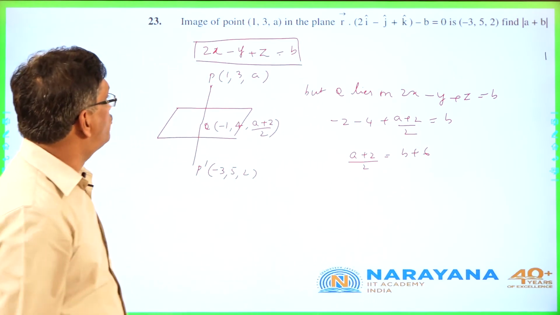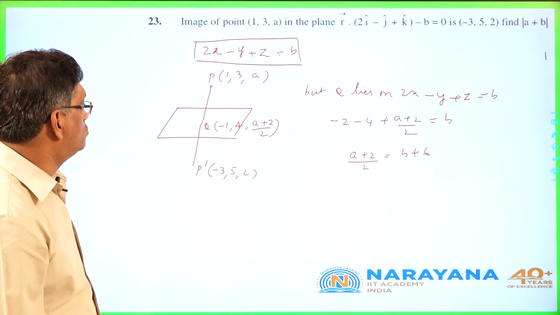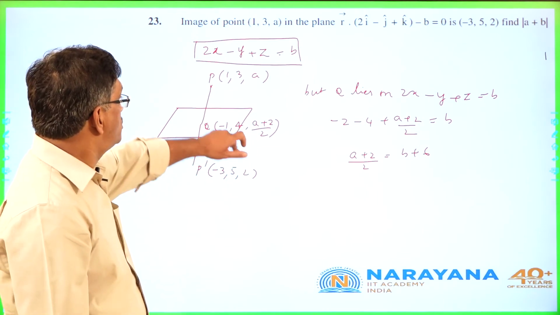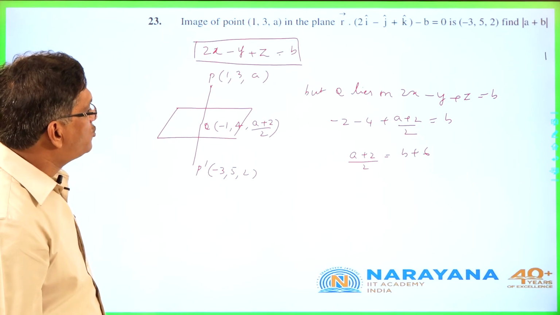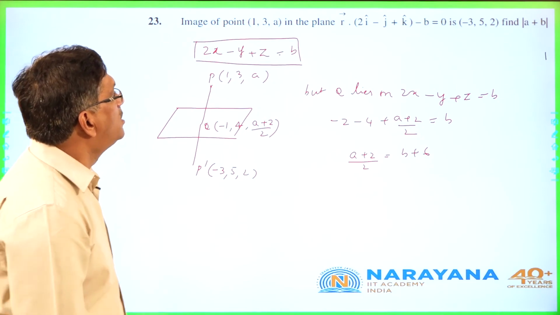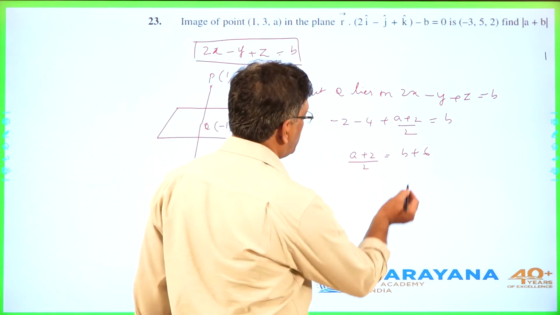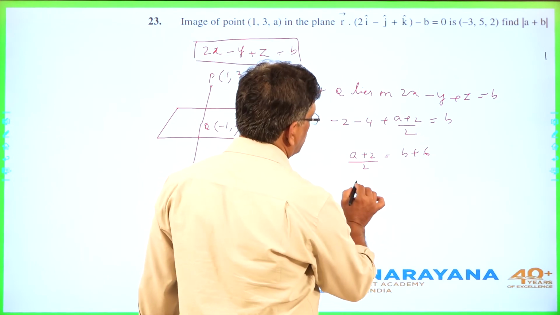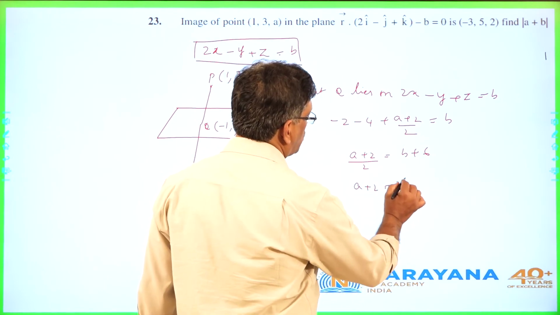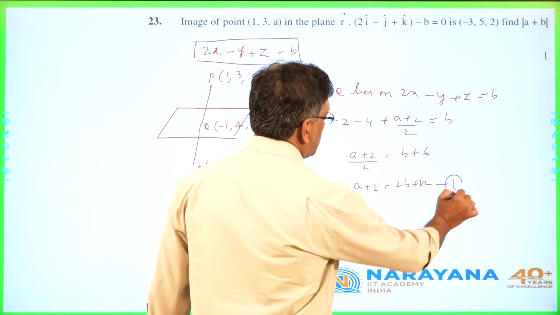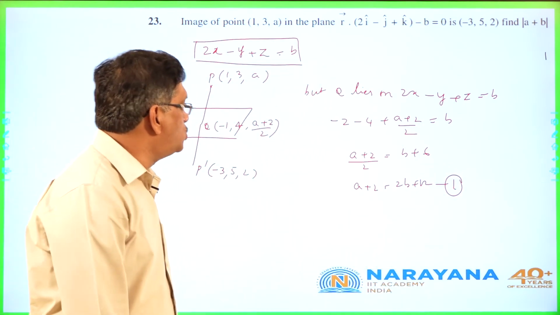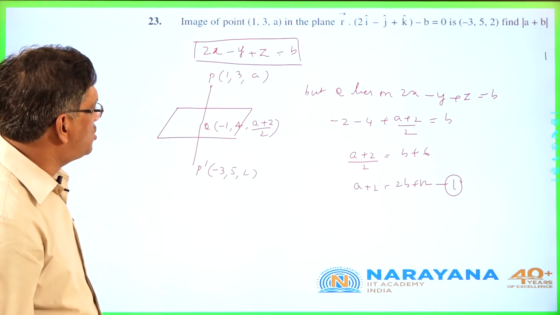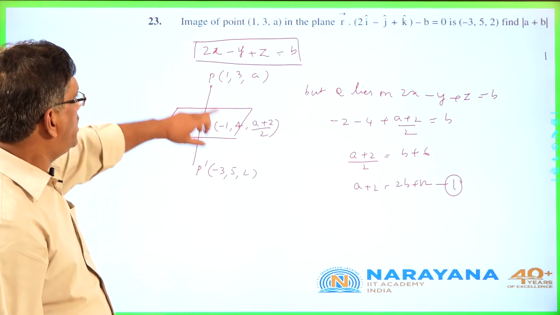This is one relation we have got, and also it is on this one, it should satisfy. So if you satisfy that one, again we will get a and b values separately. Thereby a plus 2 equal to 2b plus 12. One equation. He is asking a plus b value. So this is one relation for a and b.